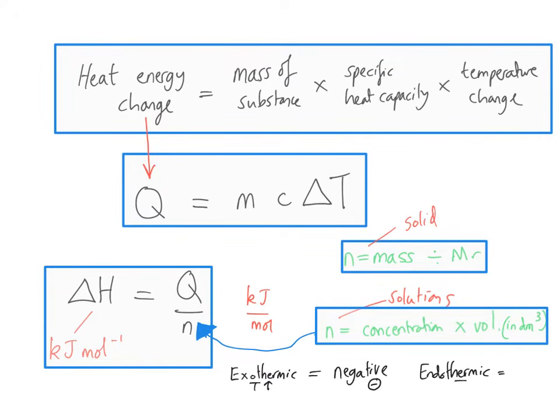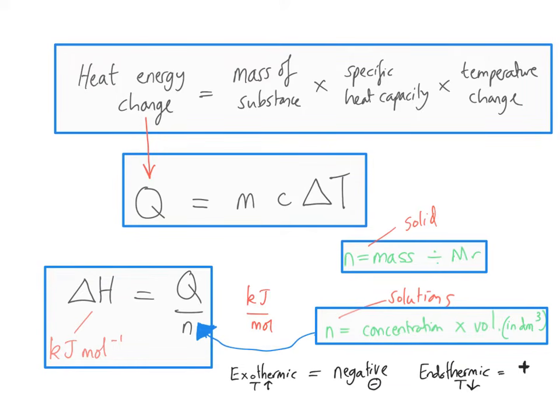And similarly, but in the opposite way, for an endothermic reaction, the temperature change will be a drop. And so the endothermic will have a positive enthalpy change. And so you can add that in at the very end of your calculation. A plus in front of your number if it is endothermic, a minus if it is exothermic. And so a calculation like this based on experimental data could be worth as many as 3 or 4 marks in an exam.